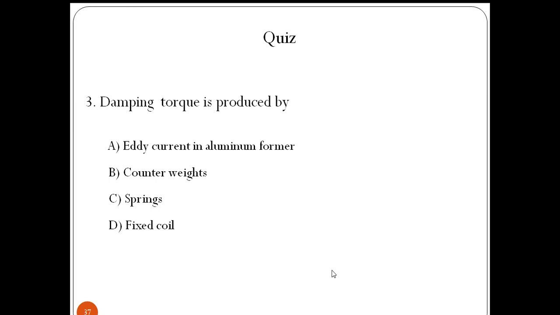Third question, the damping torque is produced by: option A, eddy current in aluminum former; option B, counterweights; option C, springs; option D, fixed coil. In a PMMC meter, the damping torque is provided by eddy current in the aluminum former.